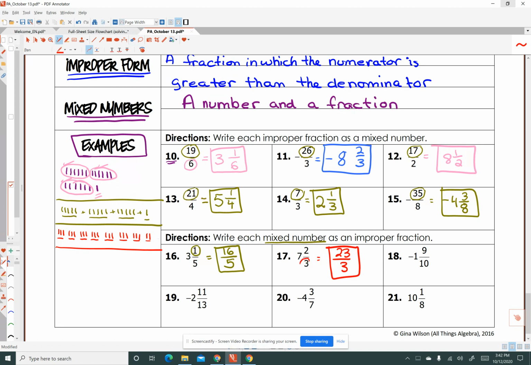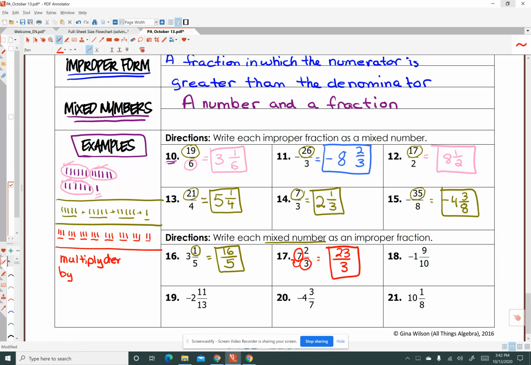If we take the denominator and multiply it by the whole number. I'm sorry, I should have written denominator. My bad. I should have written denominator there, sorry.